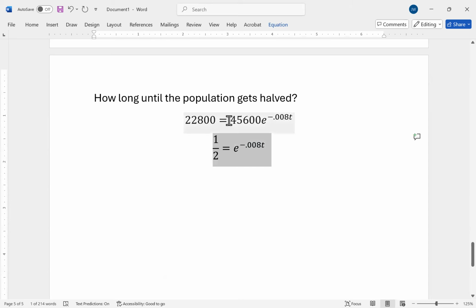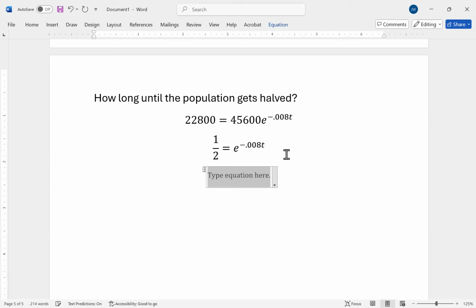If I would have started with 2 people and then went down to 1, it would have been the exact same at this stage. So regardless of how many people we start with, if we are declining at a rate of 0.8%, the amount of time until the population gets cut in half is always solved using this formula.